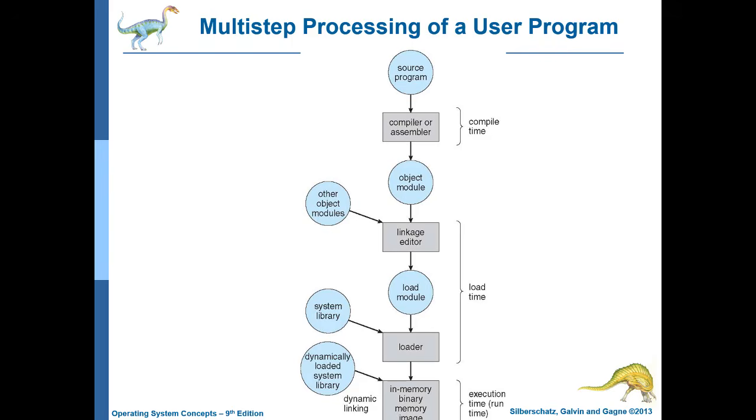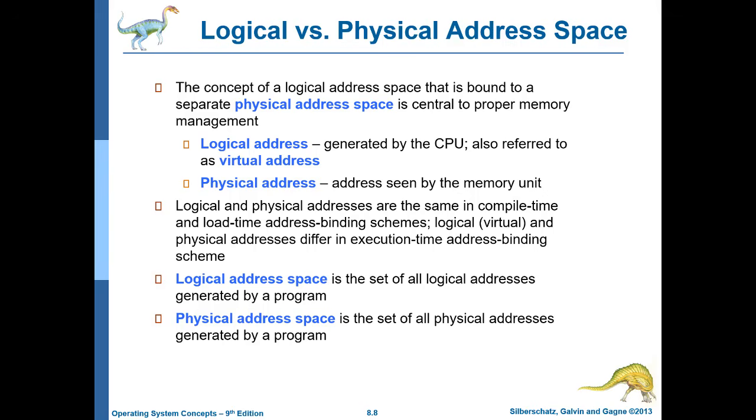So now we need to distinguish between two types of address spaces. One is known as the logical address space, the other one is known as the physical address space. A logical address space is different for each process, while a physical address space is the same for the whole system. Why is it different for each process?